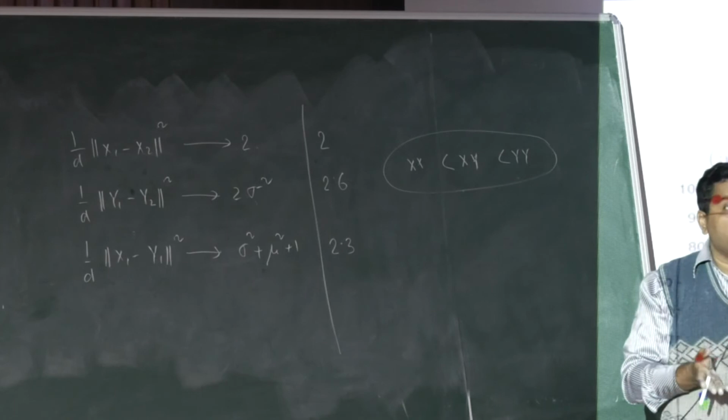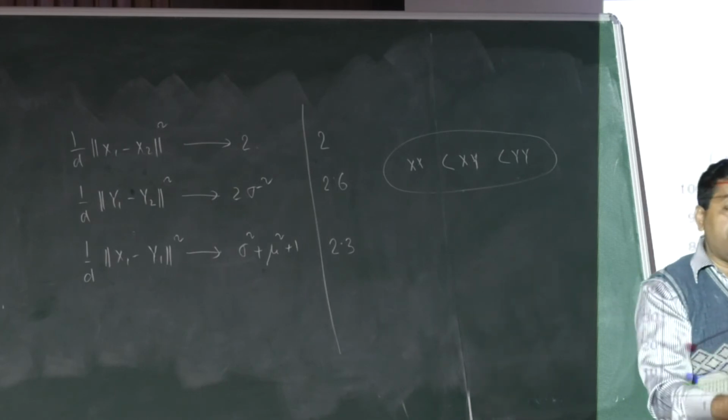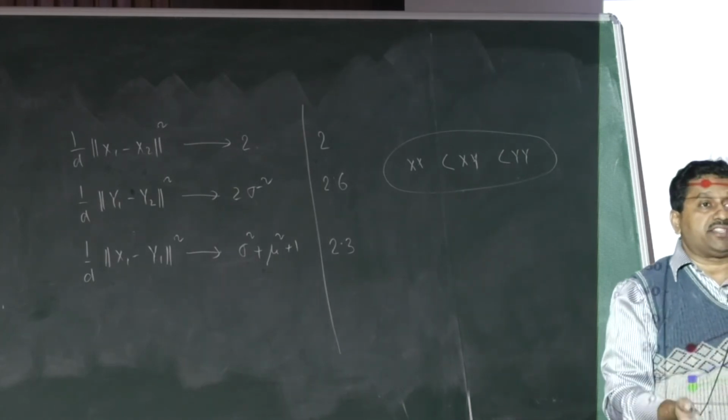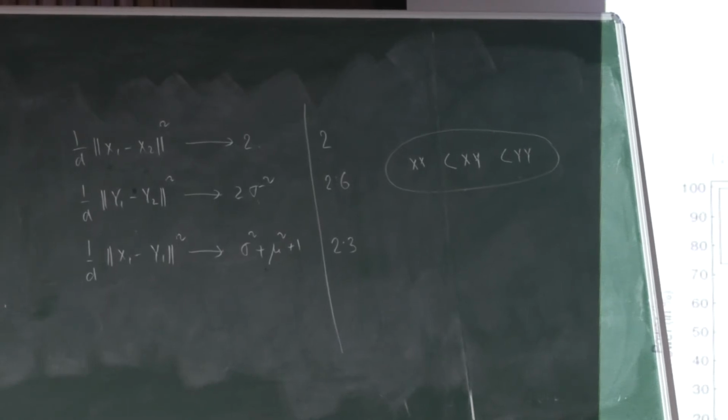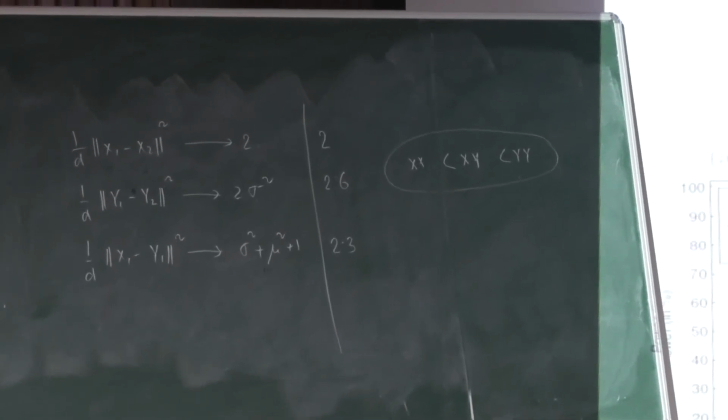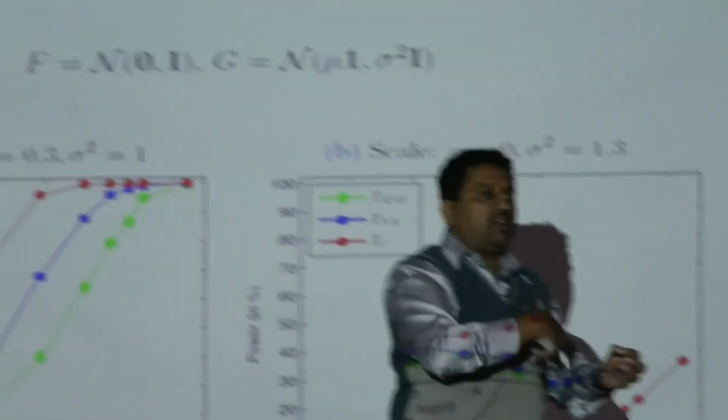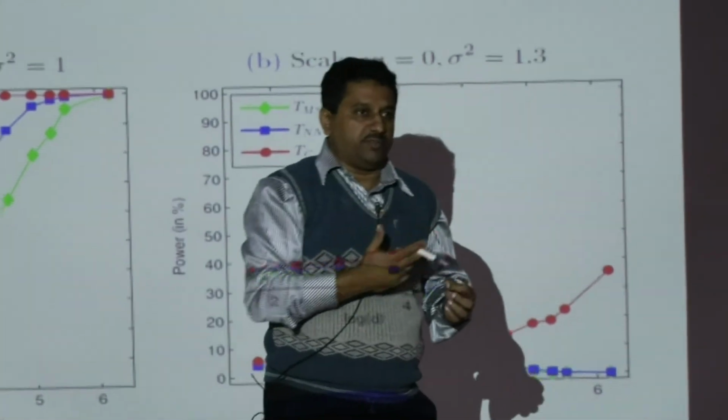So neighbors of x will come from the first class. Not only that, unlike the previous case, neighbors of y will also come from the first class. Isn't it? The yy distances are much bigger compared to the xy distance. So for any y, your x observations are much closer compared to the other y observations.